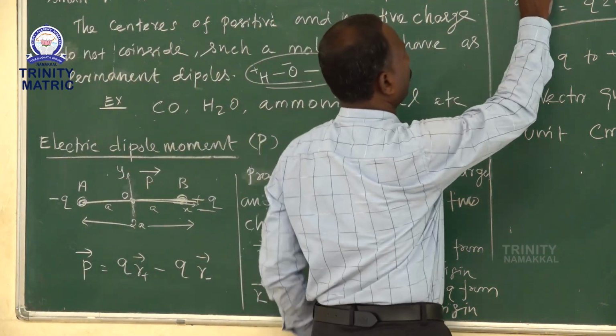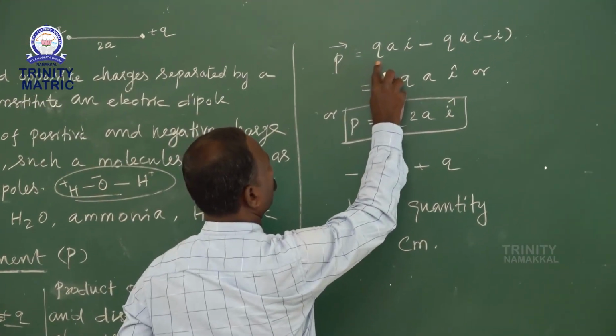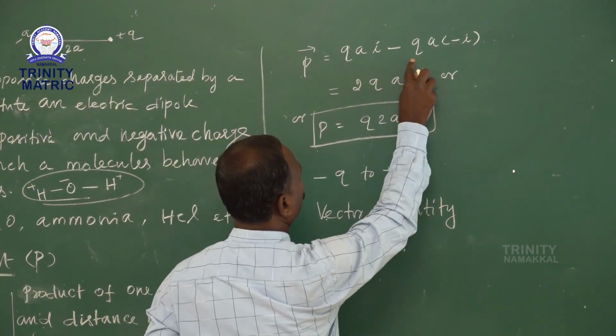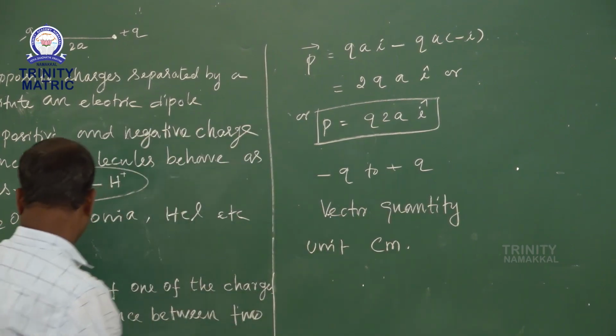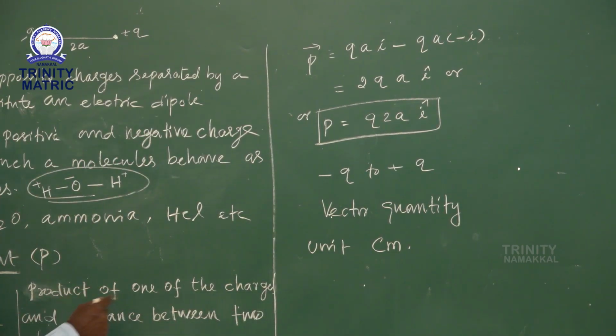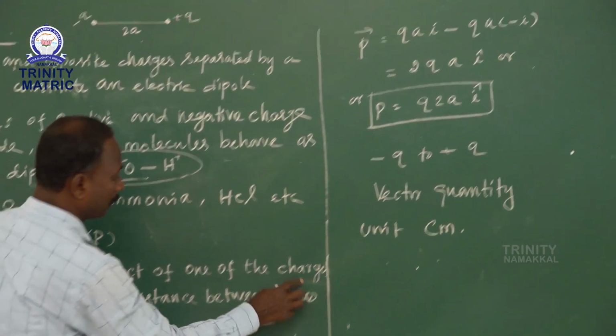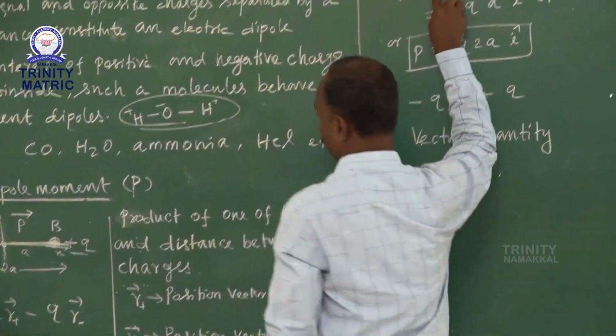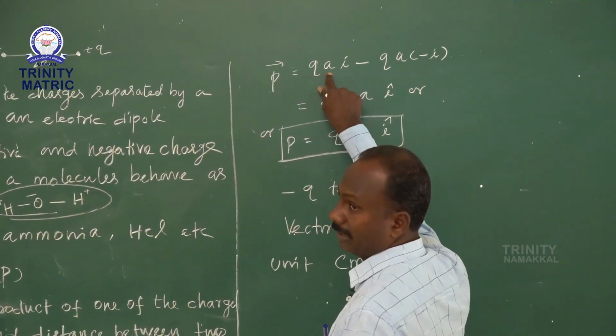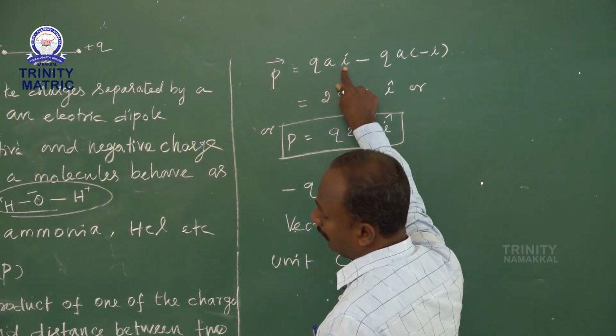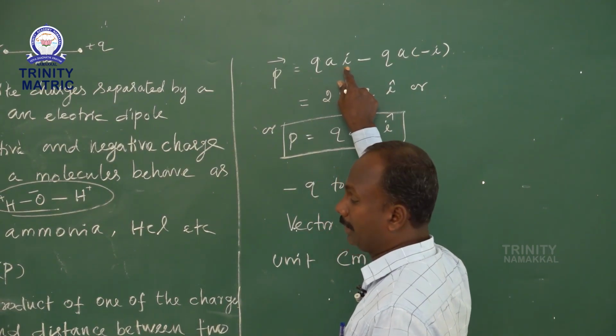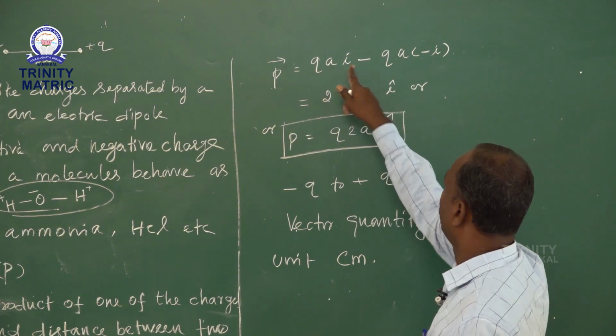So we have q a i minus q a of minus i. From the definition, the product of one of the charges is plus q. The distance from the origin is a, and the position vector is i because the dipole moment is along the x direction.